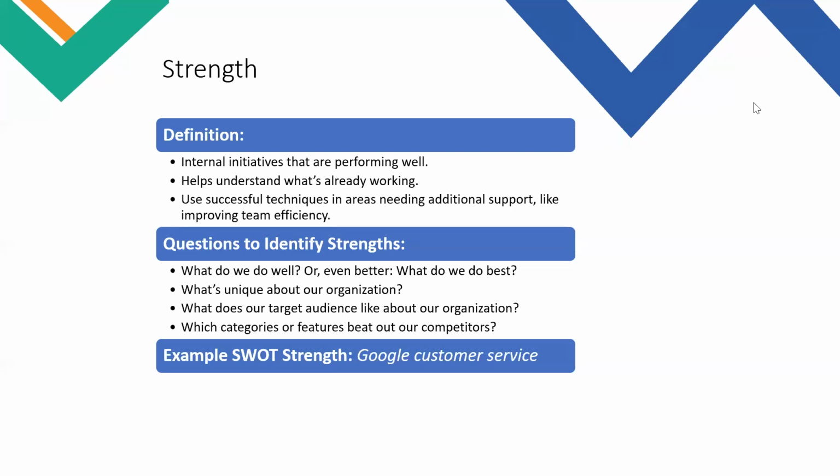So to give you a little example, Google is known for their customer service. Google's world-class customer service has an NPS score of 98, as compared to their competitor Apple, which has an NPS score of 75. What is NPS?